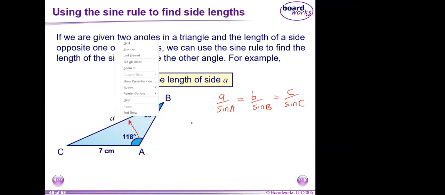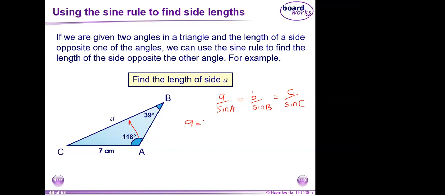Side A has not been given, but angle A has been given as 108 degrees. Then I ask myself, have I been given side B? When you look at our question, do we have side B? Yes, it is 7.